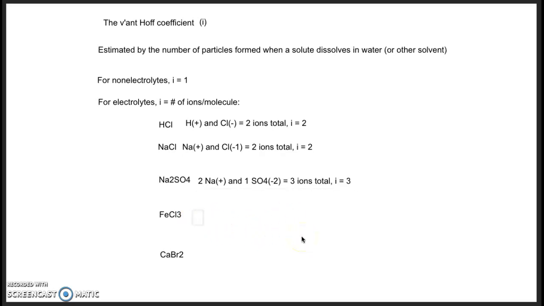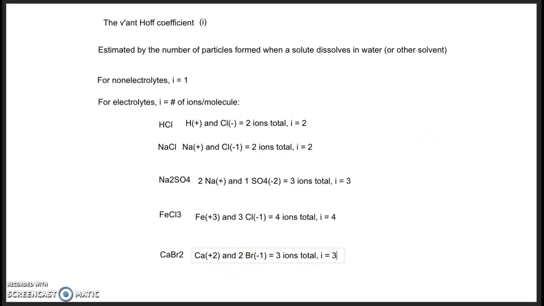For iron 3 chloride, I have iron 3 plus and 3 chloride minuses. It's 4 ions in total. I would be equal to 4. For calcium bromide, I have the calcium ion and 2 bromide ions. That's 3 ions in total. I is equal to 3.